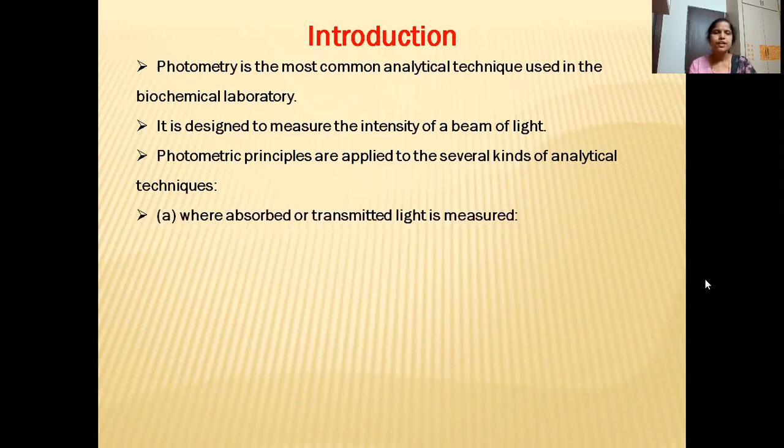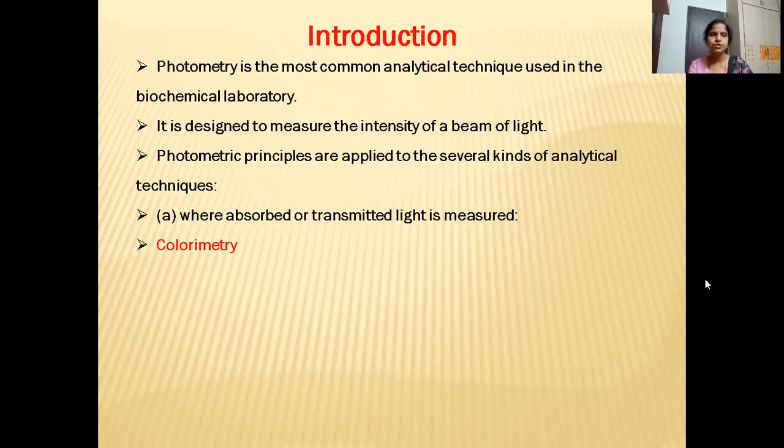When we are talking about the interaction of the light with the sample, when the light hits the sample, the light gets absorbed or it may get transmitted. So the sample will absorb the light and also transmit the light. We can measure both the absorbed light or the transmitted light, and we have different techniques for this.